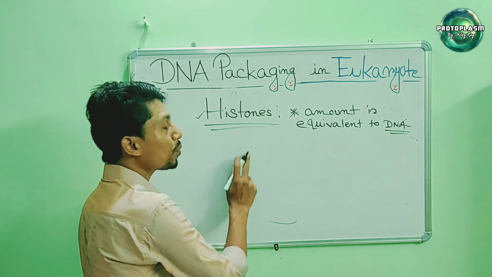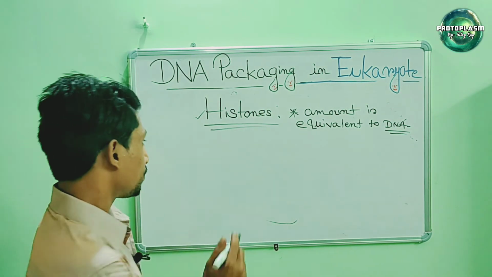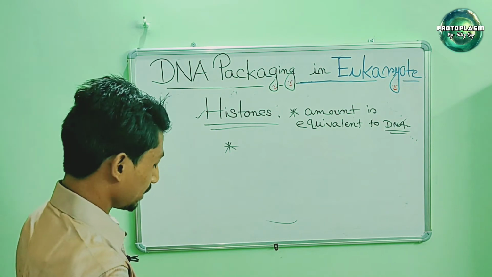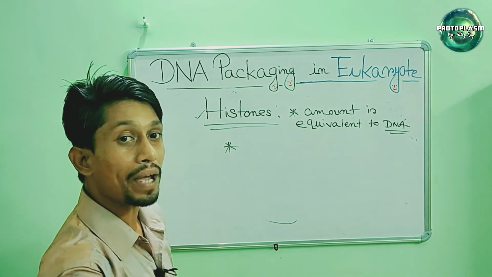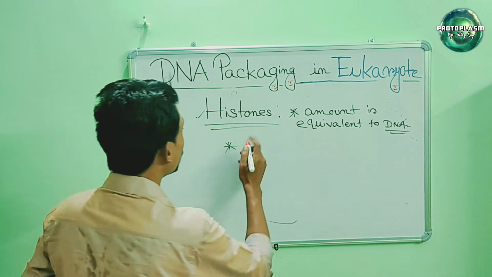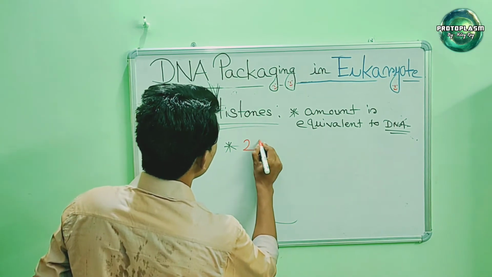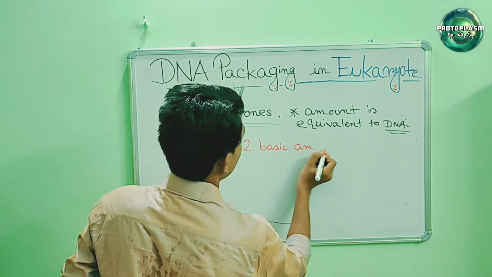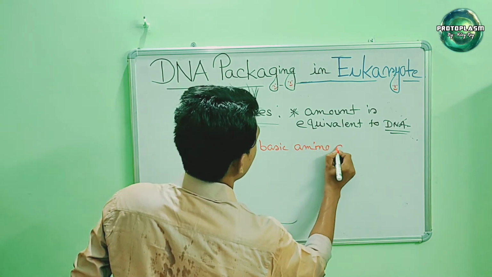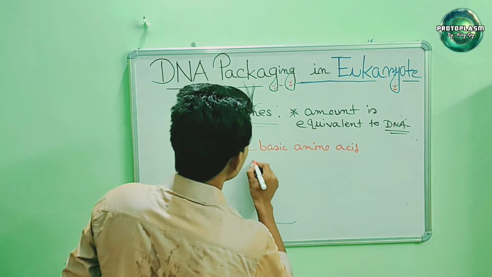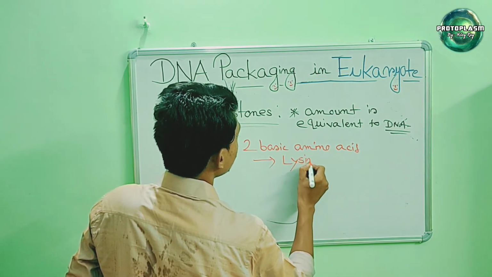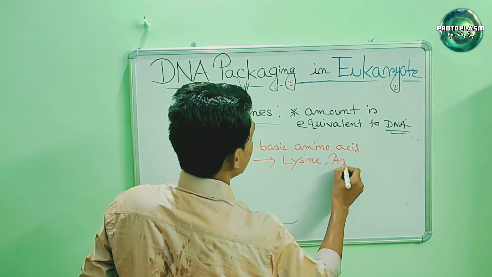Why am I telling that fact? Remember, the histone proteins are basic proteins. Basic means in the sense of acid and base. Histone proteins are made of two basic amino acids, which are lysine and arginine.